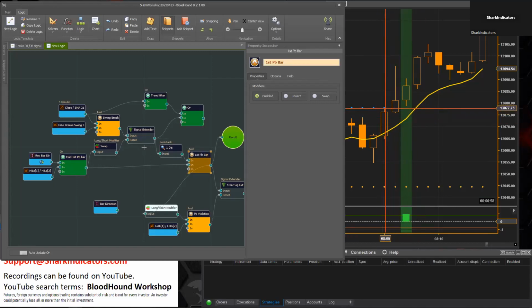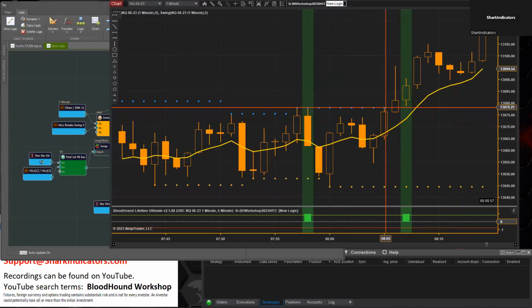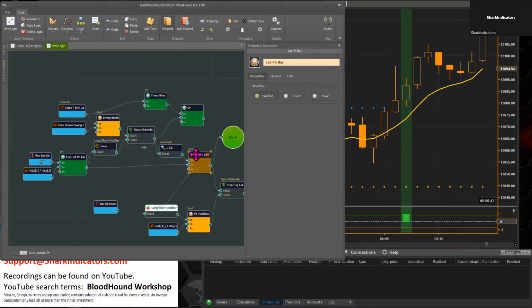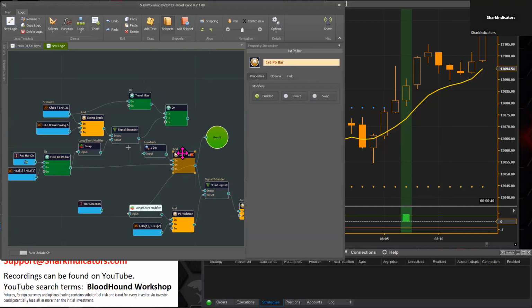So remember, for here we had the break of a swing high, and this means we're looking for a potential long signal. So this first pullback needs to have a long output going into it to identify the first pullback, because this gets used to generate the trace signal.